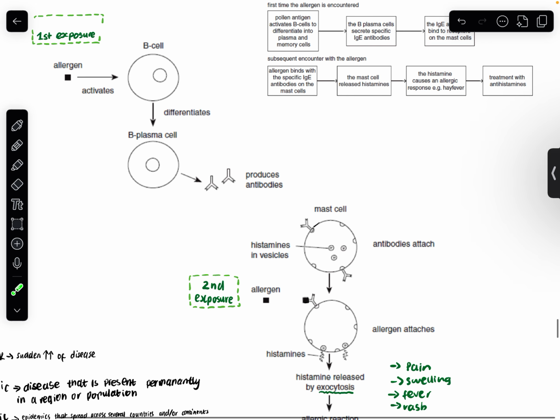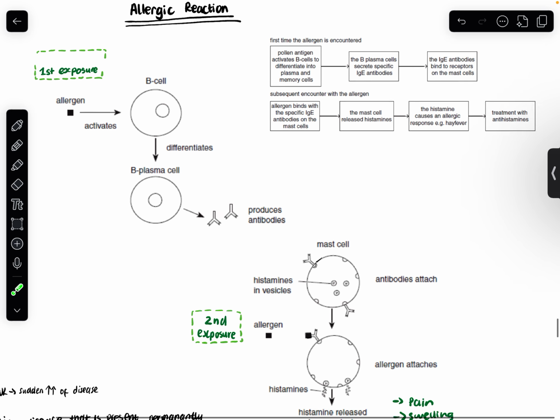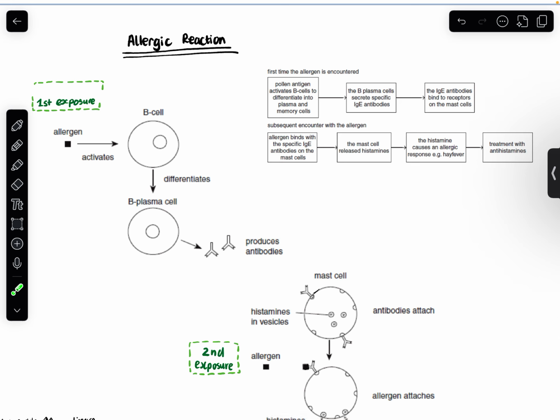Histamines will basically cause things like vasodilation and vessel permeability, and symptoms of this are pain, swelling, fever, rash, so basically an allergic reaction. That's the process of the allergic reaction.